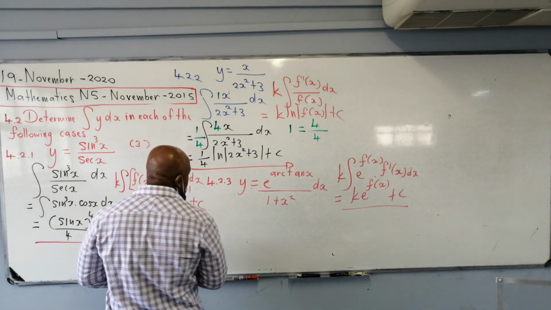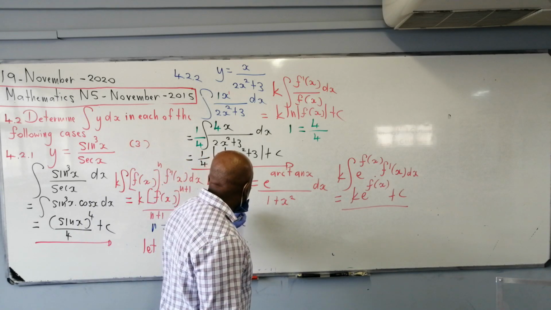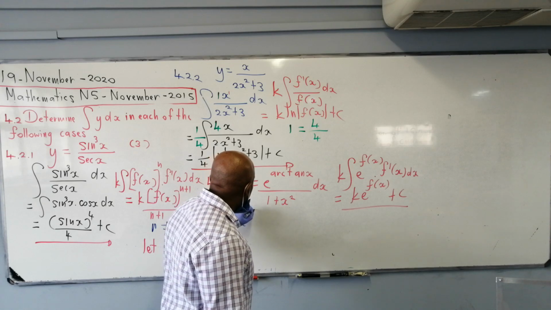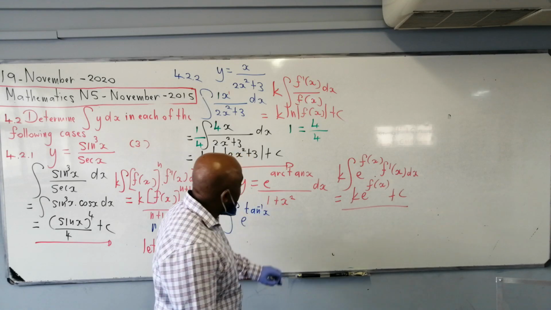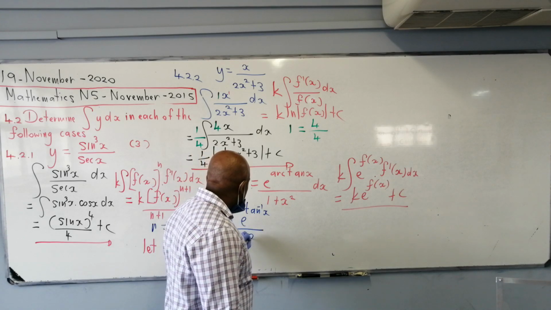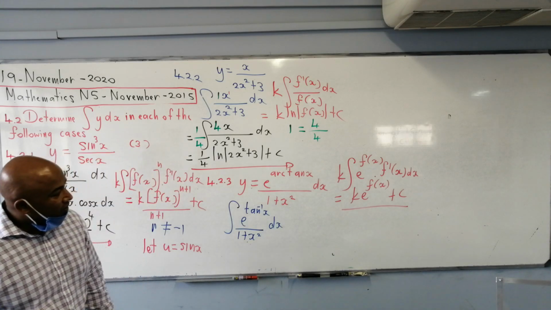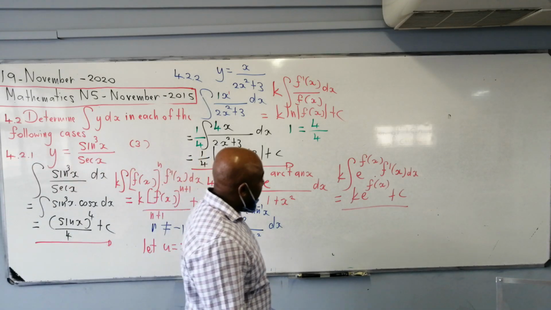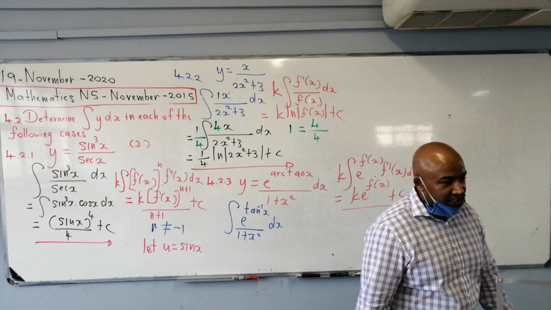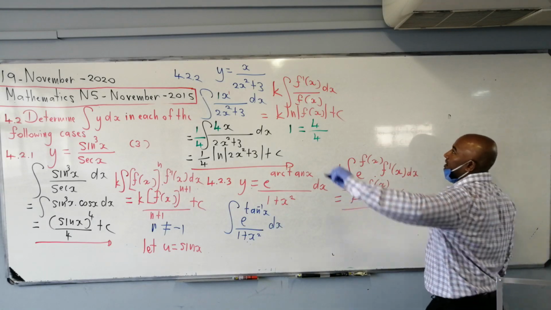Now, the integral of e to the power inverse tan, arctan, that means tan with a negative 1, same thing, divided by 1 plus x squared dx. Now let's see what's happening here. We got inverse tan. So we're checking now: f of x is inverse tan.